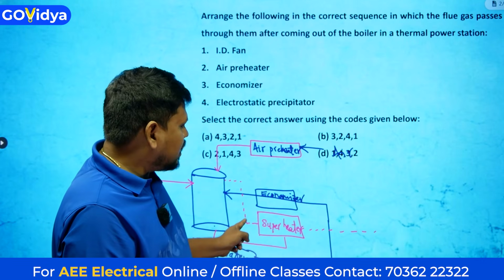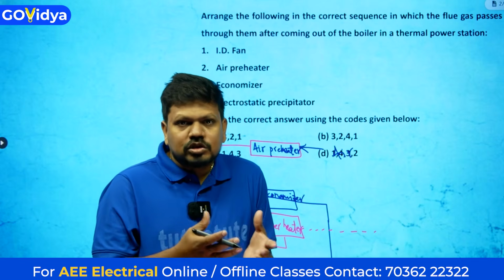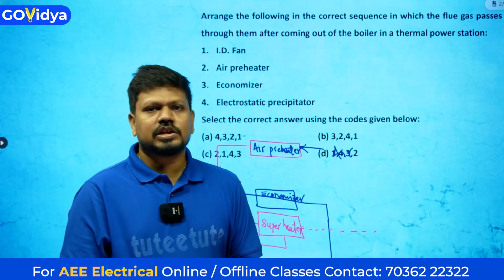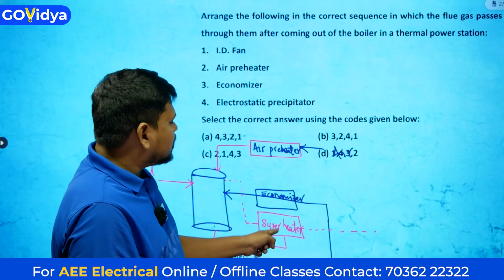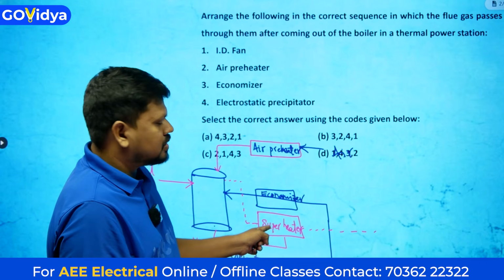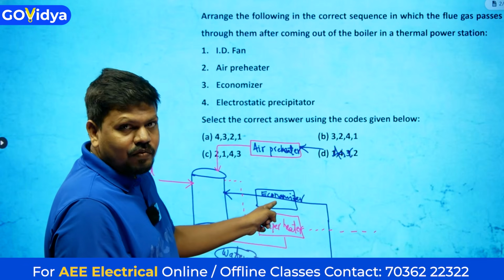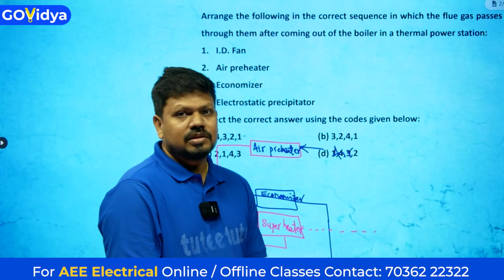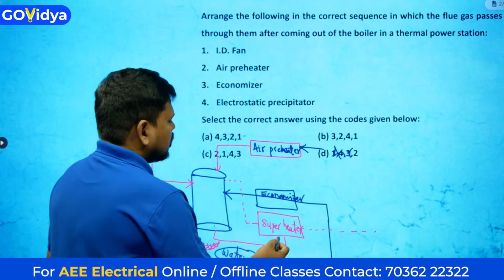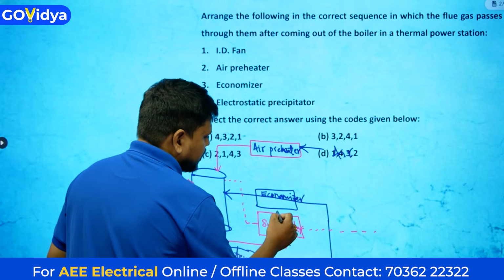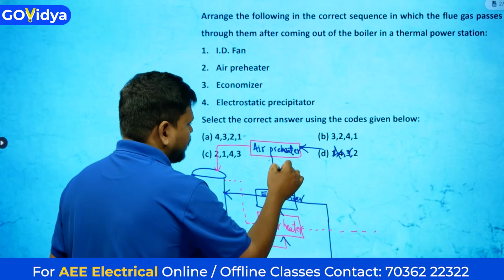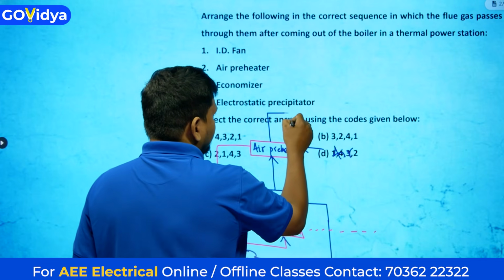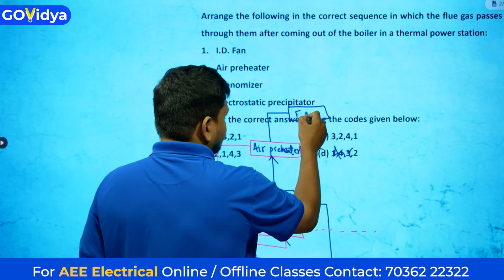That's why we increase the temperature of steam first, after that the temperature of water, and after that the temperature of air. In this order the flue gases will flow only. After the air preheater, we will have the electrostatic precipitator.